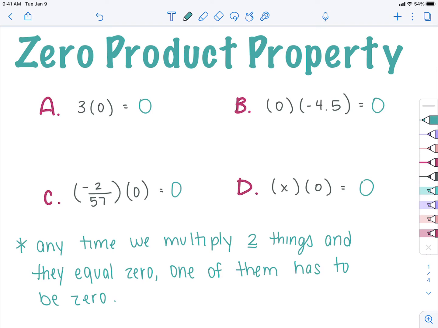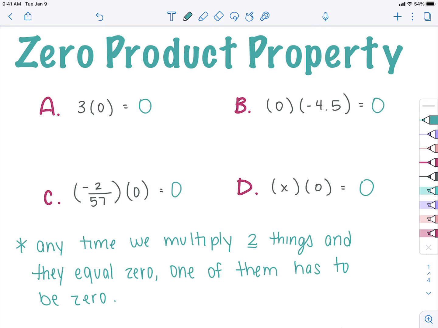So no matter how scary it looks, when we have two sets of parentheses that are multiplying and equal 0, one of the parentheses has to have a 0 inside. We could have as many sets of parentheses really as we wanted, but we need to have at least 2 because we need 2 numbers to be multiplying. But we've seen before where you can multiply 3 numbers, right? We could do 5 times 10 times 3.